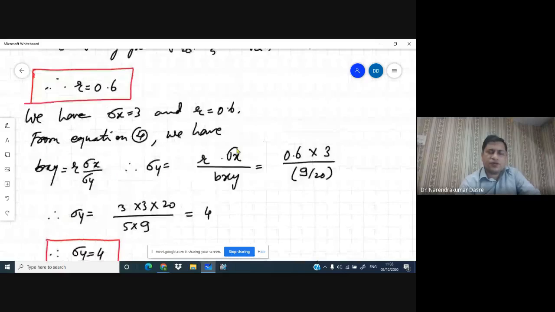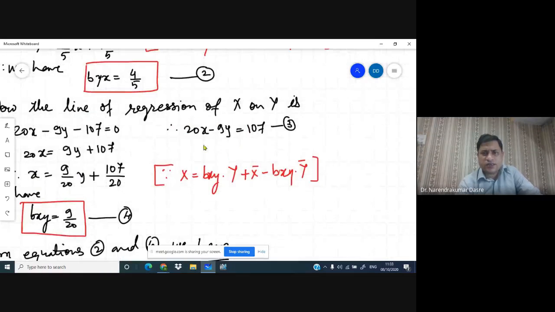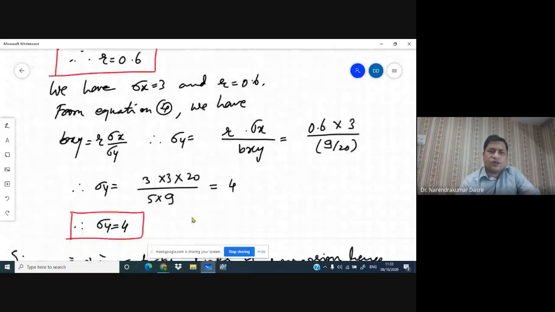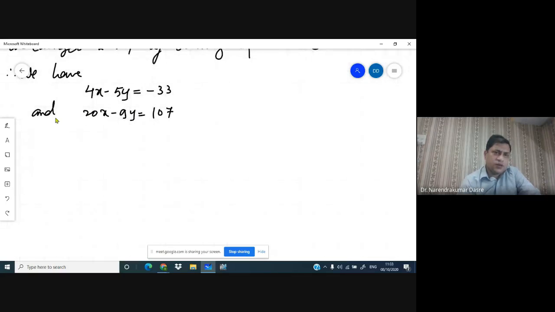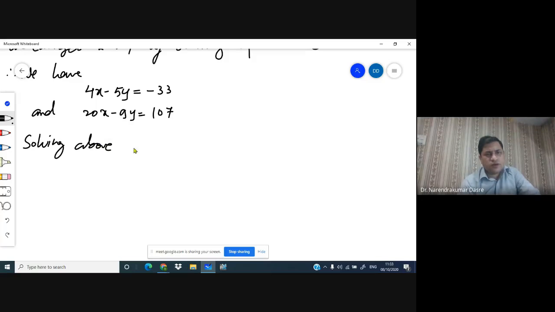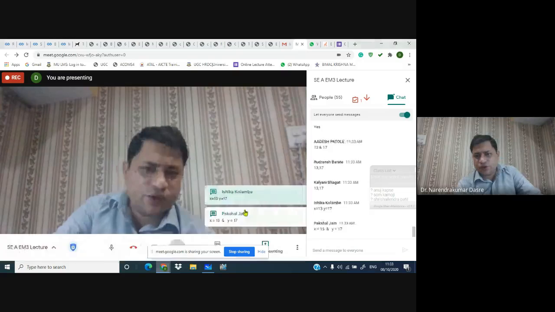Okay, so you can check this. Yes. Okay, and once we know the equations, solving the above equations we get x bar is equal to and y bar is equal to. So please calculate and give me the values.